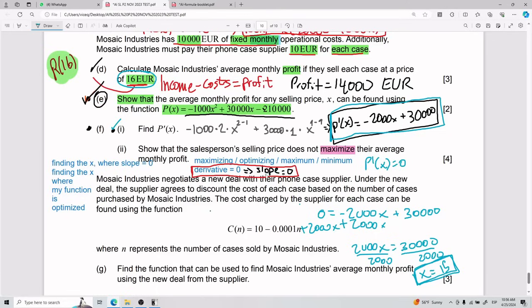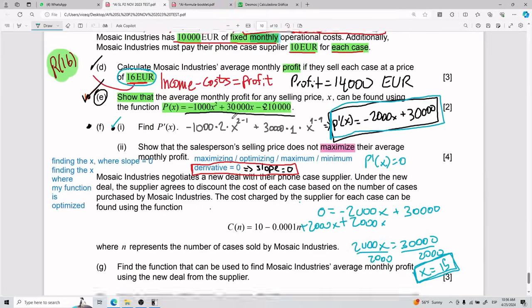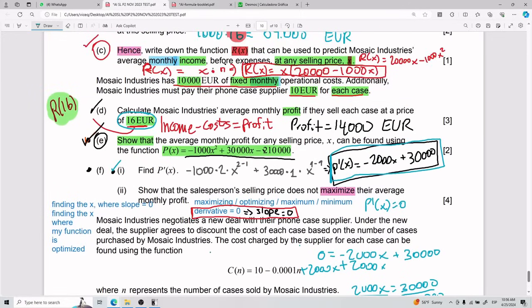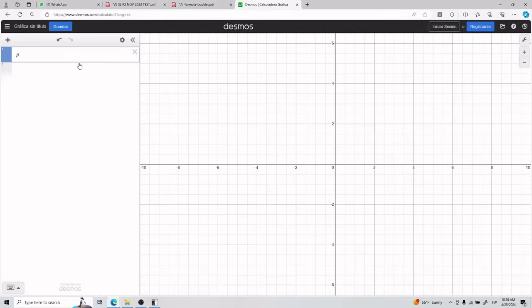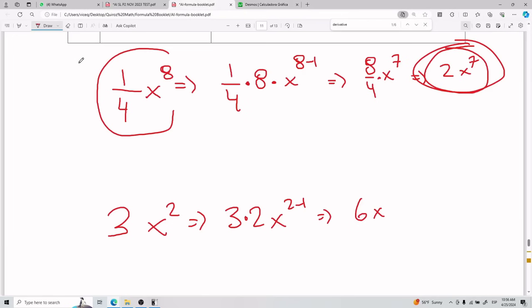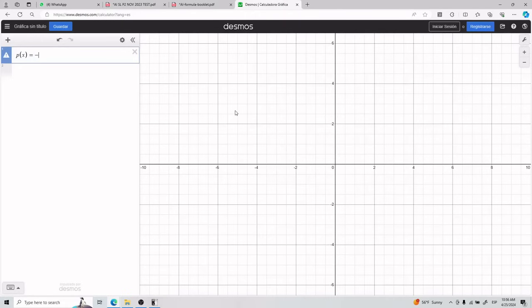And if you want to get very, very nerdy with this, you can go to Desmos, graph it in your graphing calculator. But just so you guys finish getting convinced, if I graph my original function, so my original function is p of x equals -1000x squared plus 30,000x, that's 30,000, right?